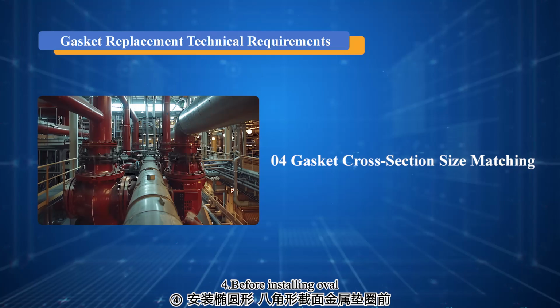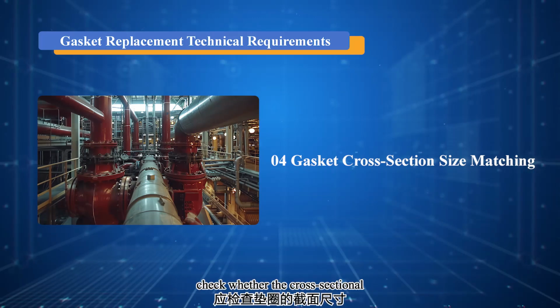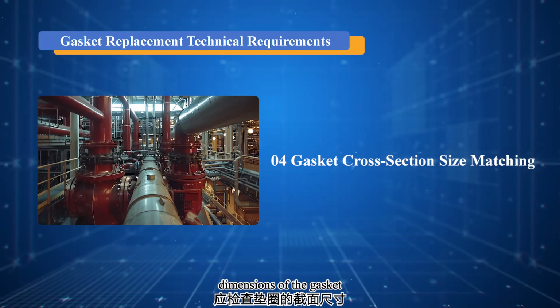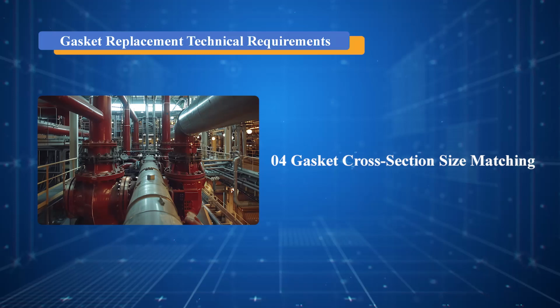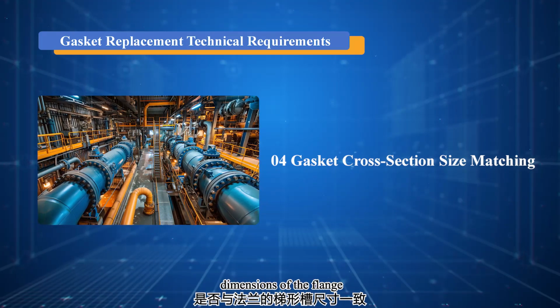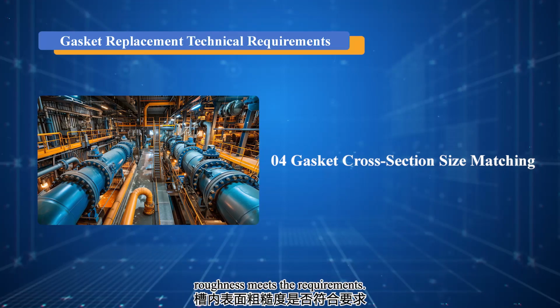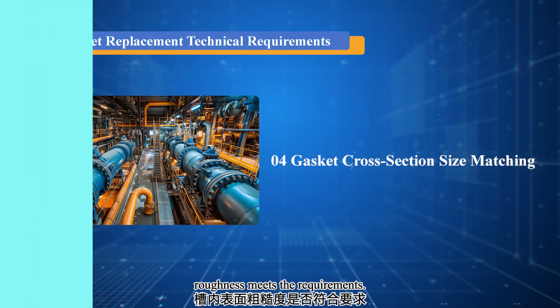Fourth, before installing oval or octagonal cross-section metal gaskets, check whether the cross-sectional dimensions of the gasket match the trapezoidal groove dimensions of the flange, and whether the groove surface roughness meets the requirements.